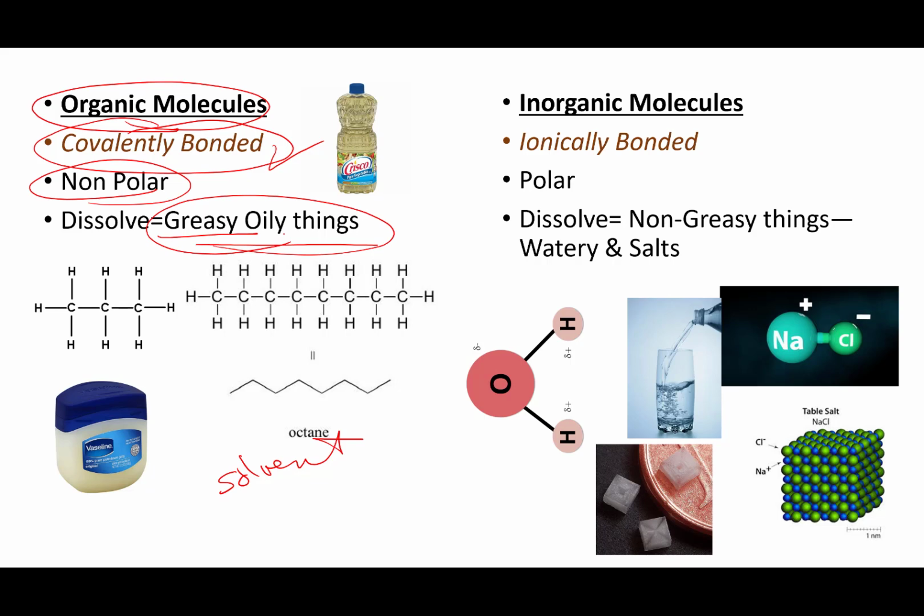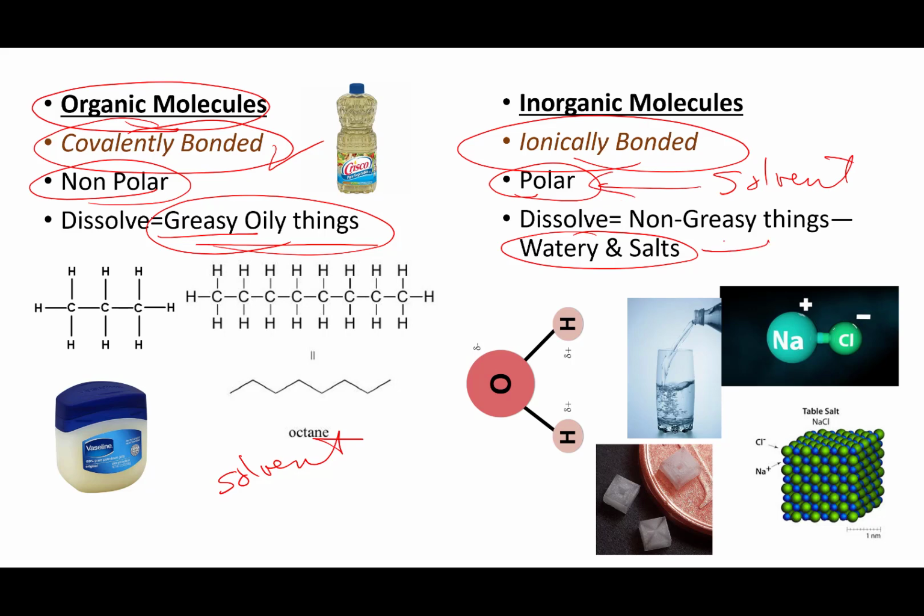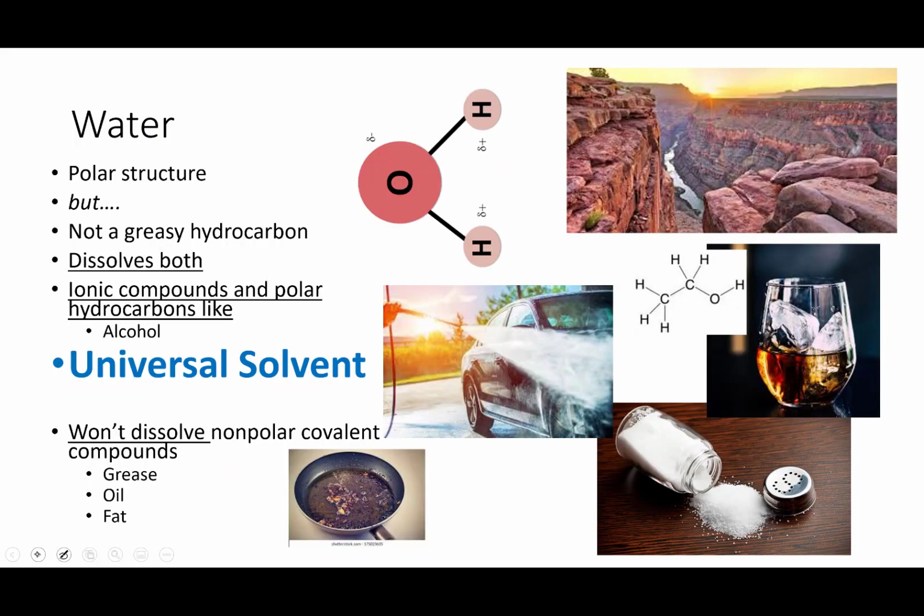If you have a mess that is polar or watery and it's a collection of salt products, you need a solvent that is also going to be ionically bonded or polar or watery and salt based. So it comes down to, again, that chemistry.